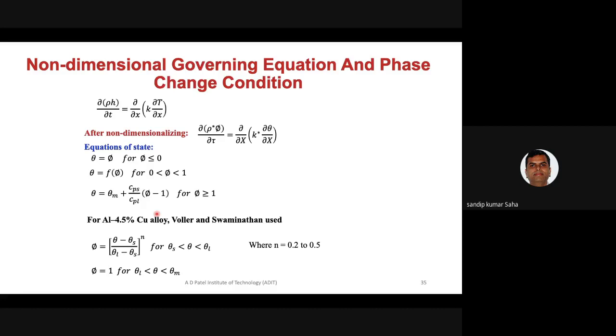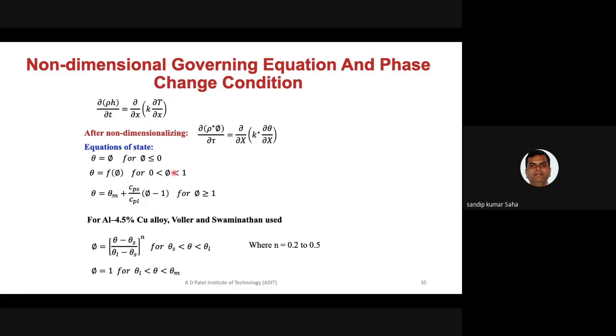Now this is the first step, where we are converting the energy equation, which is written in terms of temperature, into the enthalpy form. Enthalpy is basically C, specific heat, into temperature, so CT is converted to H, and the right hand side is in the form of T. You can solve this model analytically, but this is the starting point of understanding any advanced model.